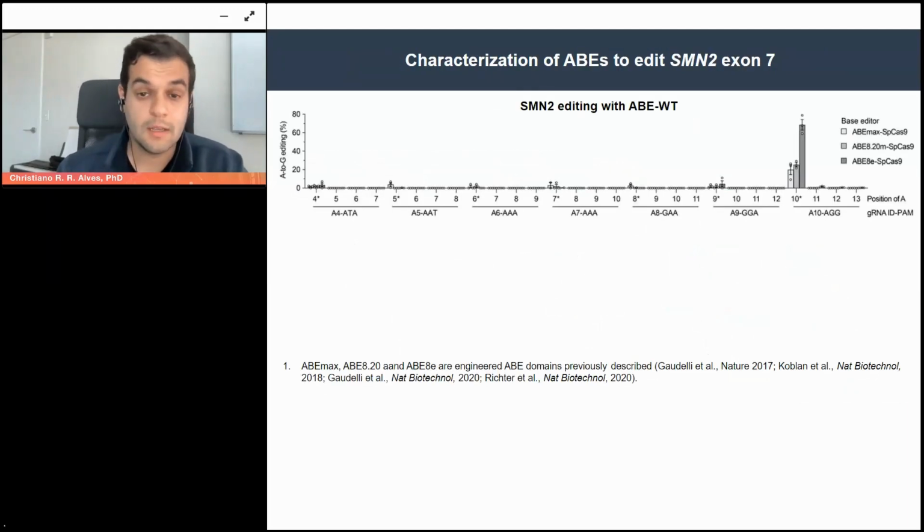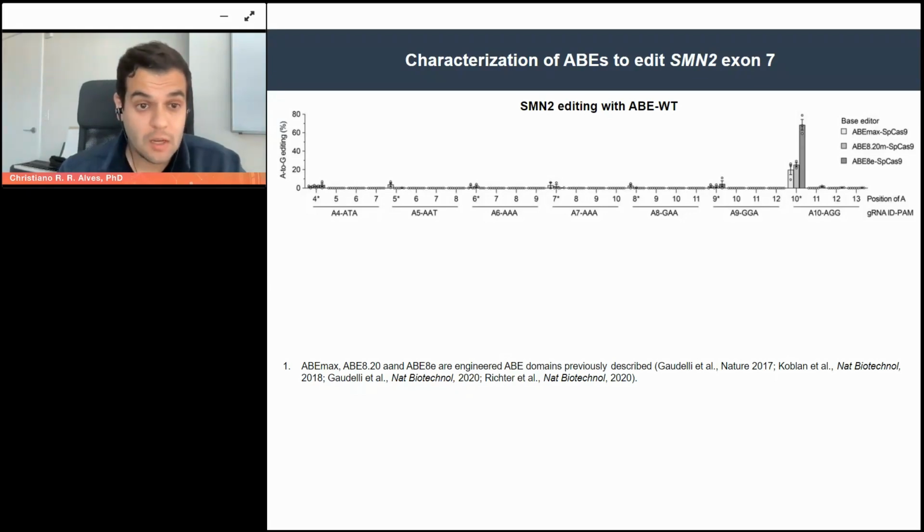First, in this plot, you can see the wild-type data. The way the data is displayed here, we tiled the region and used different guides positioned at every single position in the edit window. As you can see, the last one there, guide A10, which means the target adenine is in position 10 of the window, is the only one where we see some editing with wild-type.